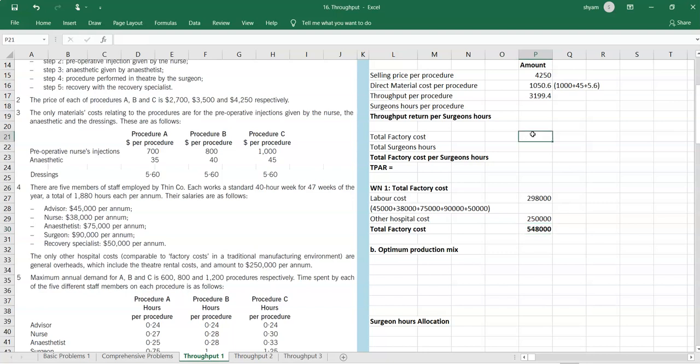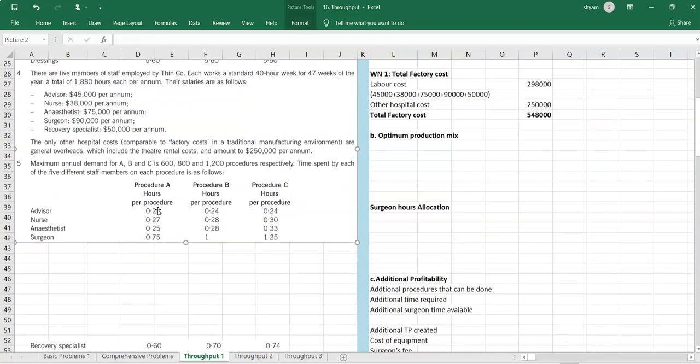So we can put that number here, and somewhere you have to mention that it comes from working note number 1. So that's done. We have finished till here. We still have to read. The question has a lot of information.